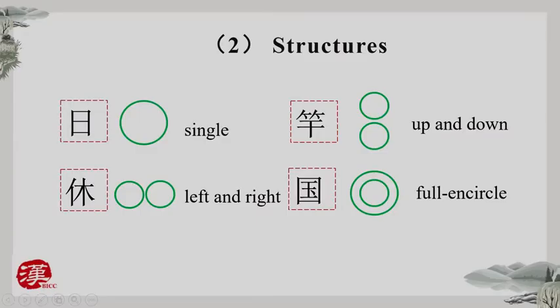When we write Hanzi, understanding the structures of Hanzi will help us a lot. Here are some examples for structures. The first is single. The second structure is left and right. The third structure is up and down. The fourth structure is full enclosure.